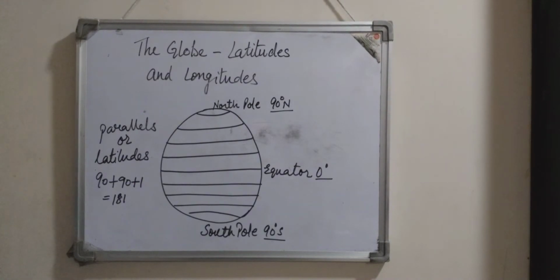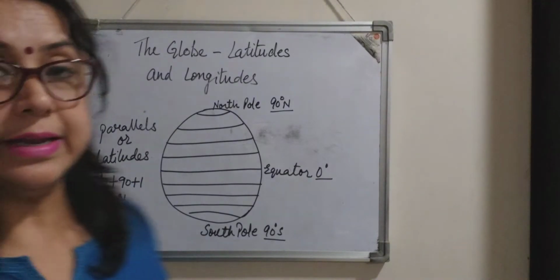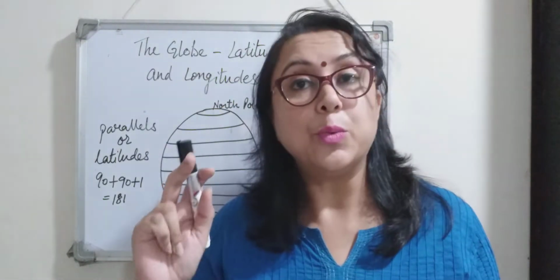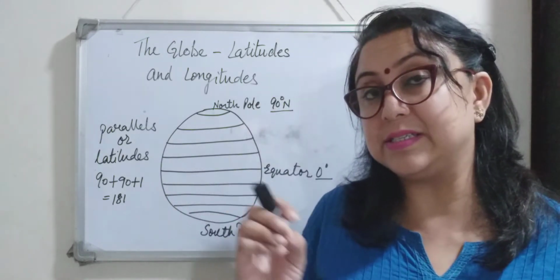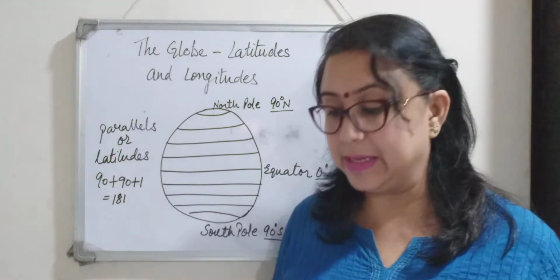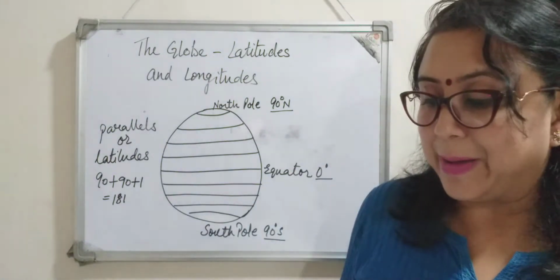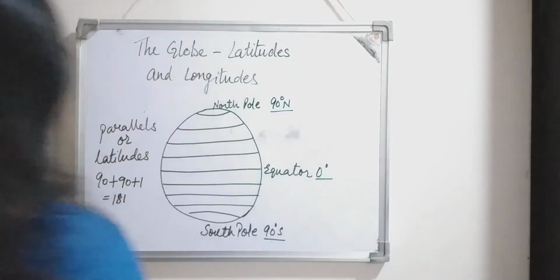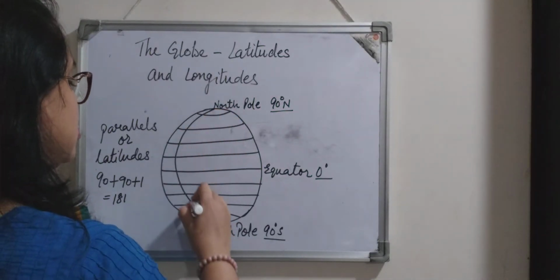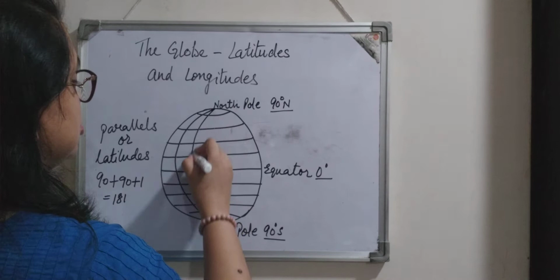So altogether there are 181 latitudes, or 181 parallels. The distance between them is 1 degree. Now apart from this, we have lines running from north to south also.